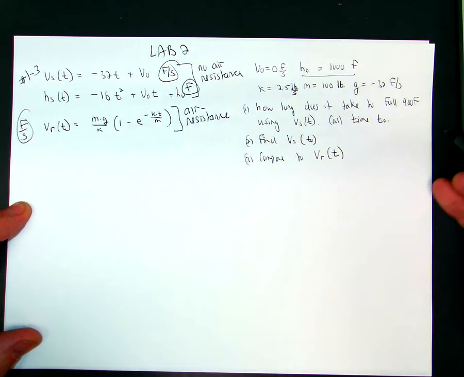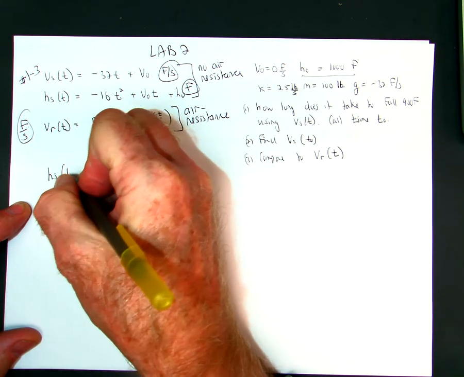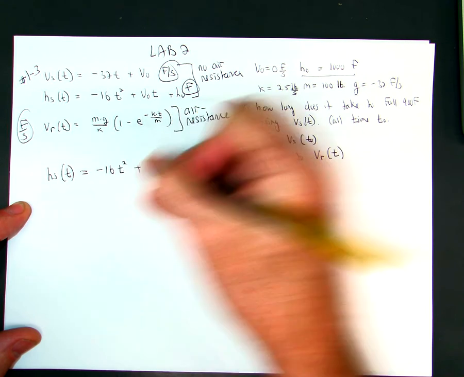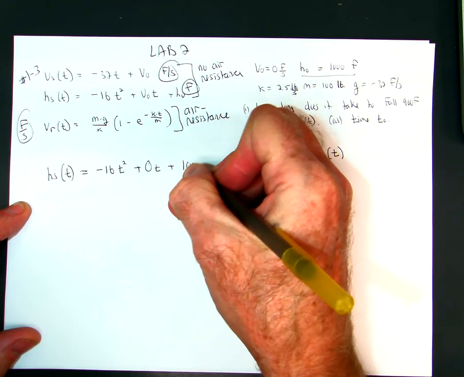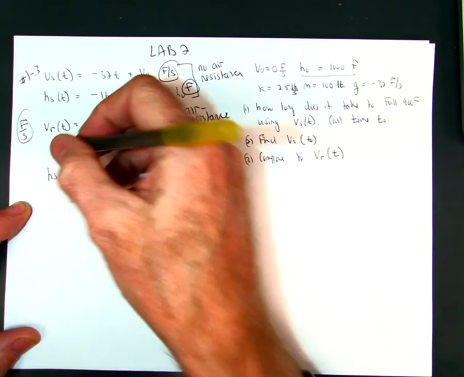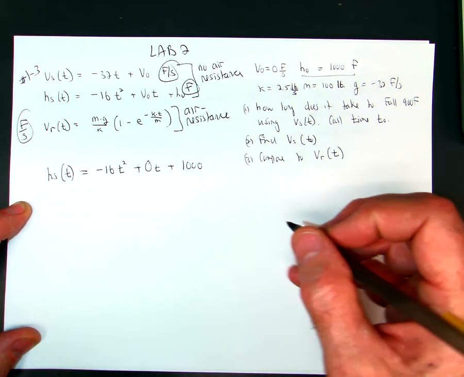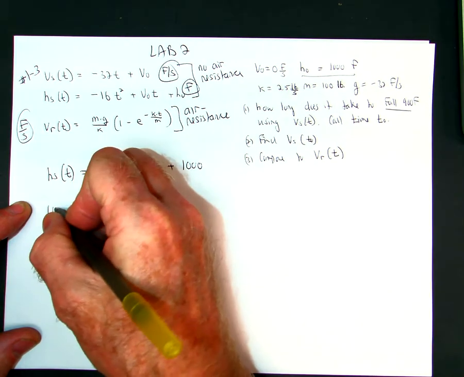Now, let's set this up. Hs of t is minus 16t squared, initial velocity is 0, so we don't have to worry about that, plus 1,000. So if I fall 900 feet, my height is 100.